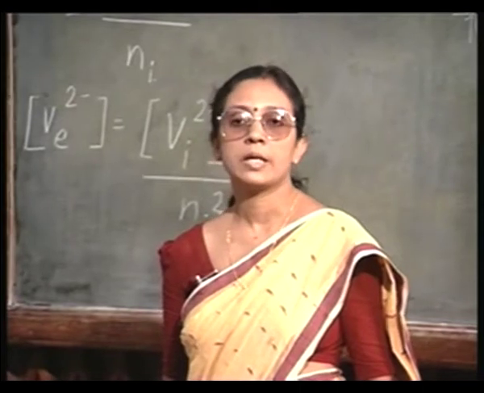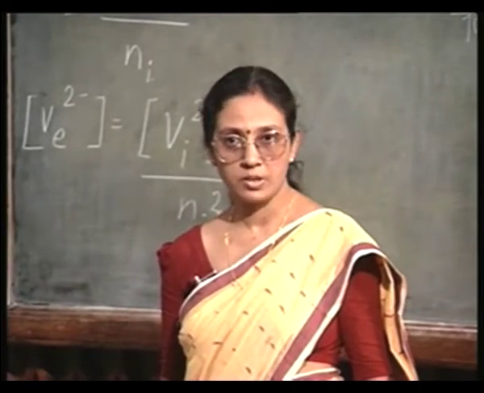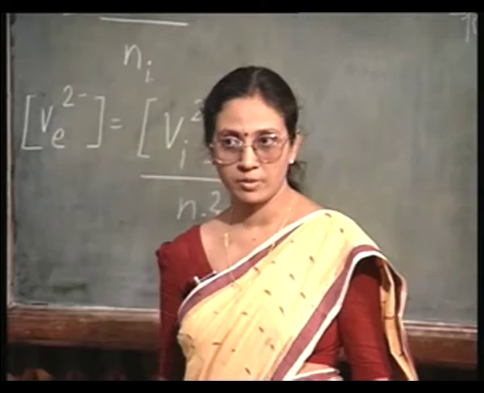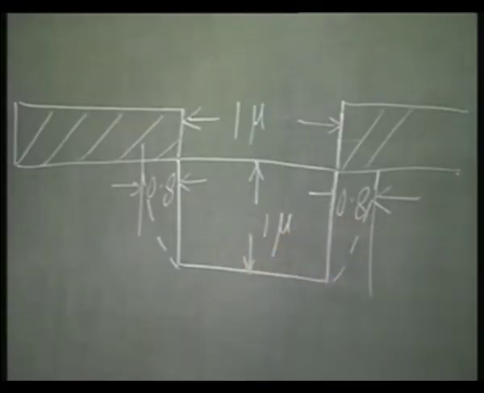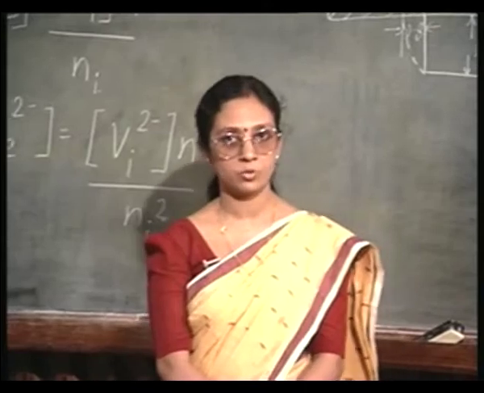So, you should take care of this in your device design, otherwise you have two diffused regions, you are thinking that they are separated, but they might not be separated, they might get shorted if you do not take into account this lateral diffusion situation.